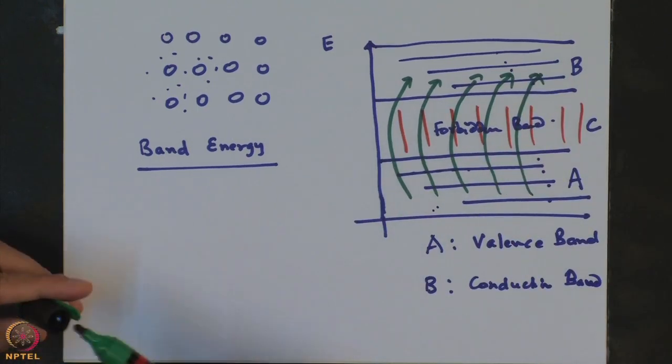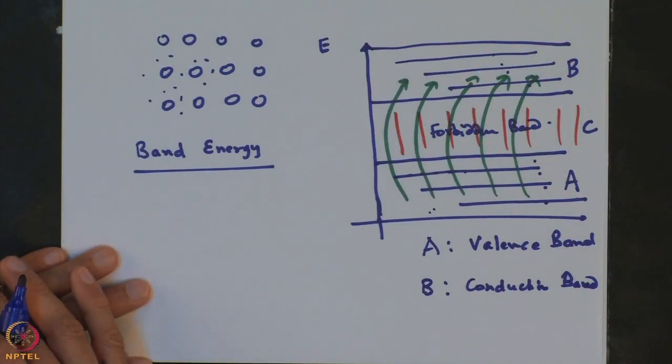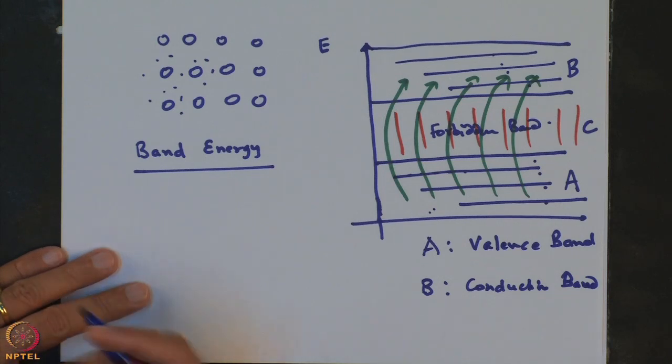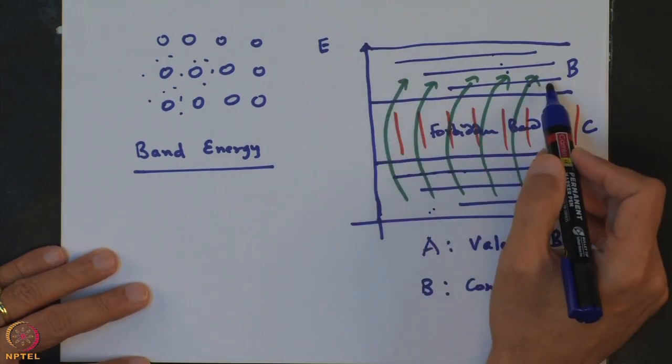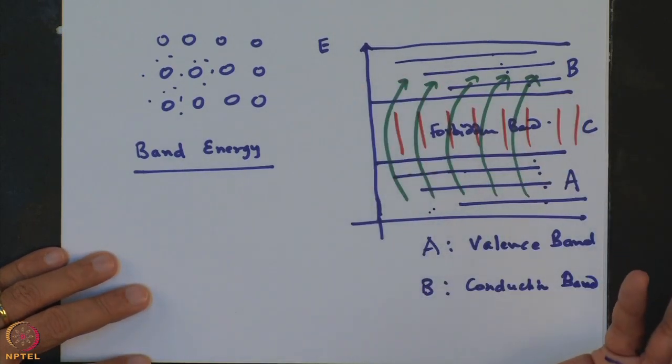All these green lines show how charge carriers in the valence band, when imparted energy, are transported into the conduction band, where they exist as free charge carriers and are free to move. This is the basic concept of semiconductors, and as we go along we will understand it even better.